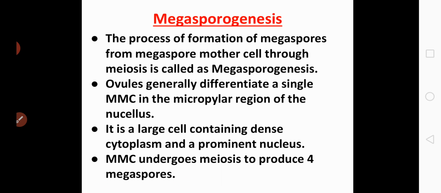Along with the funicle, the entire ovule consists of two protective layers called integuments. Integuments are the protective layer of the ovule. At the tip, the ovule contains an opening, called the micropyle, and just opposite to the micropyle there is a chalaza, which is the basal part of the ovule.